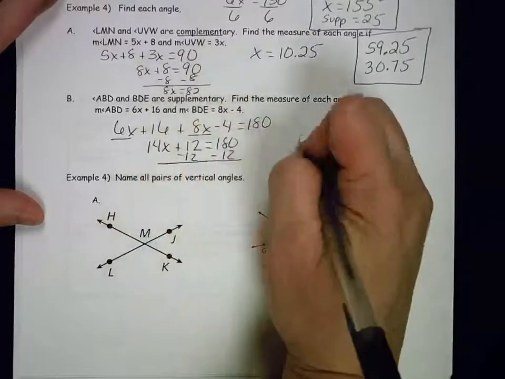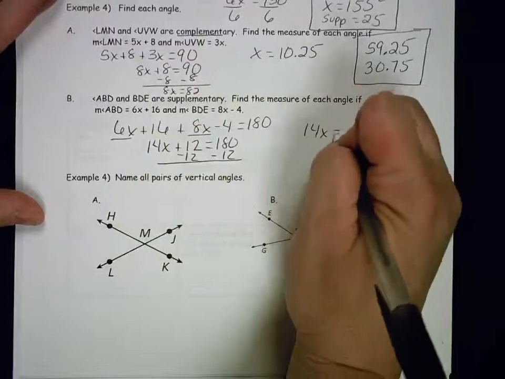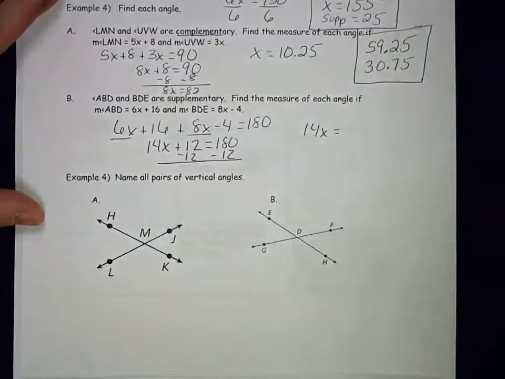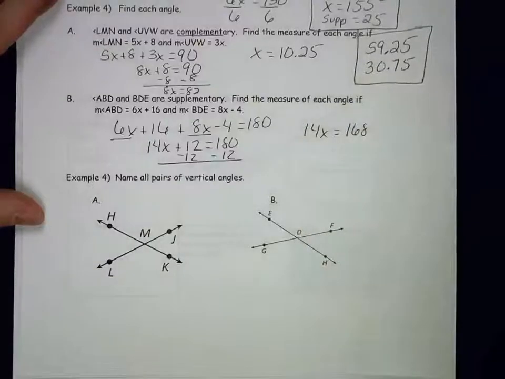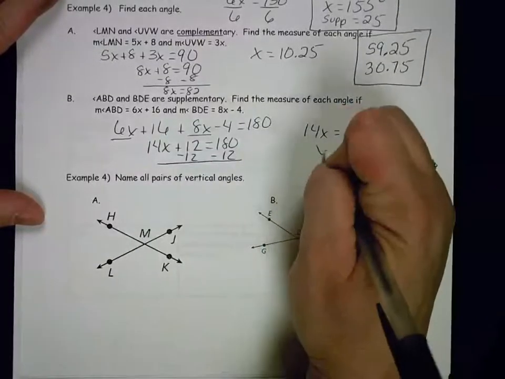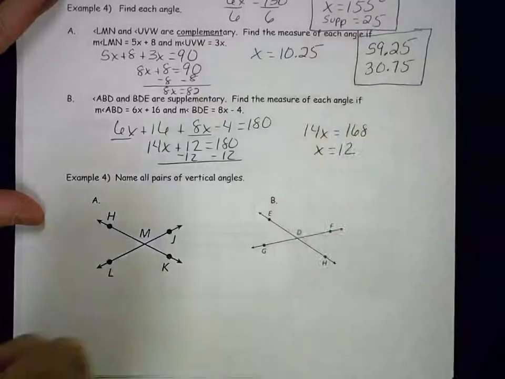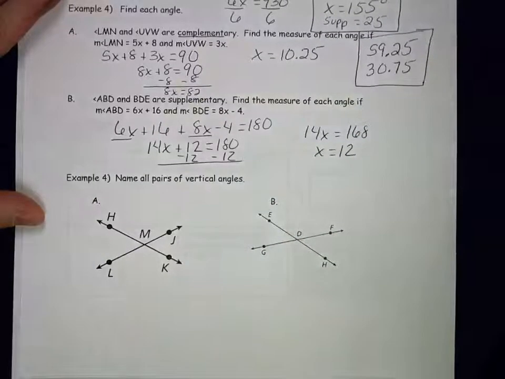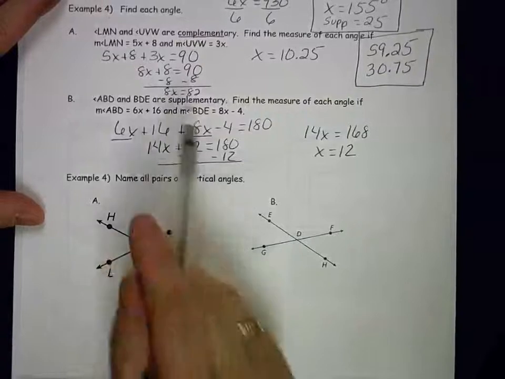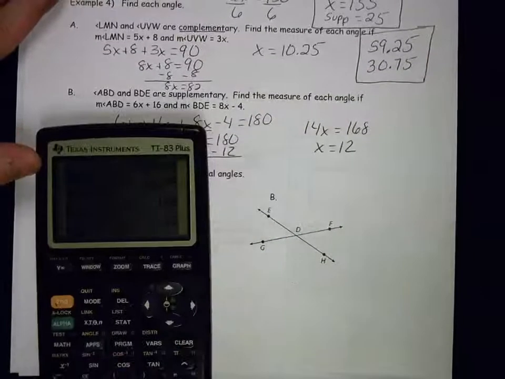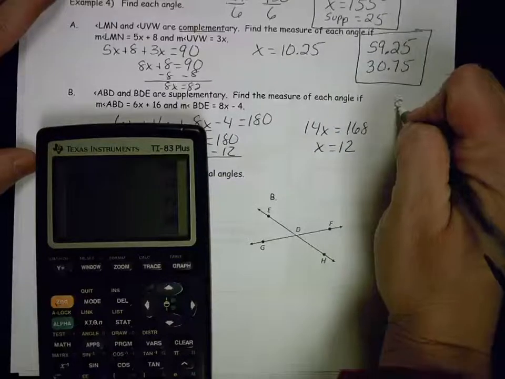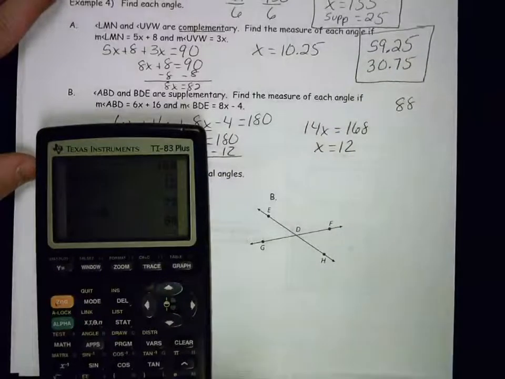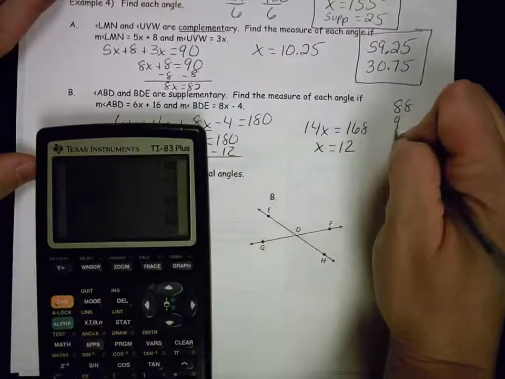And if you subtract 12 from both sides, you have 14x equals 168. Dividing both sides by 14, x equals 12. And we still need to figure out the angles. 6 times 12 is 72, plus 16 is 88. 8 times 12 minus 4 is 92.